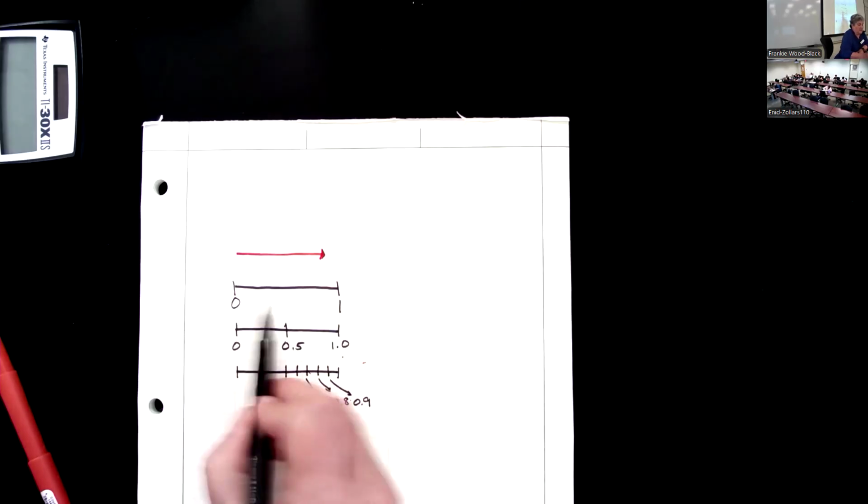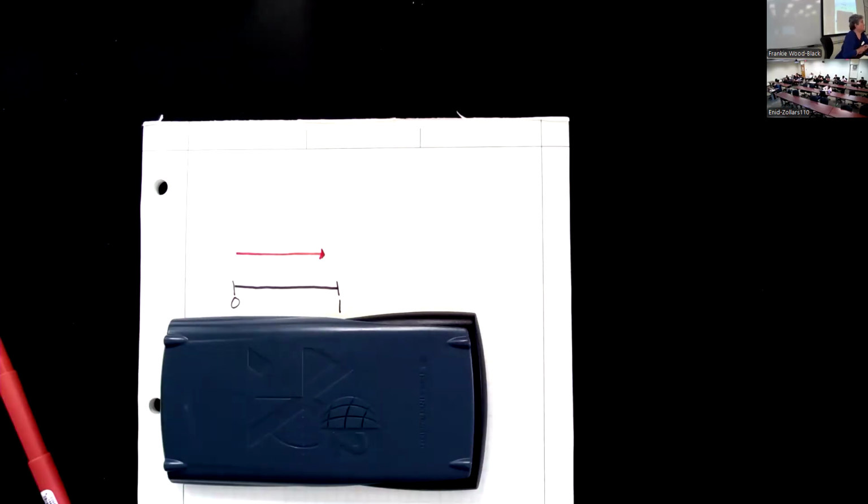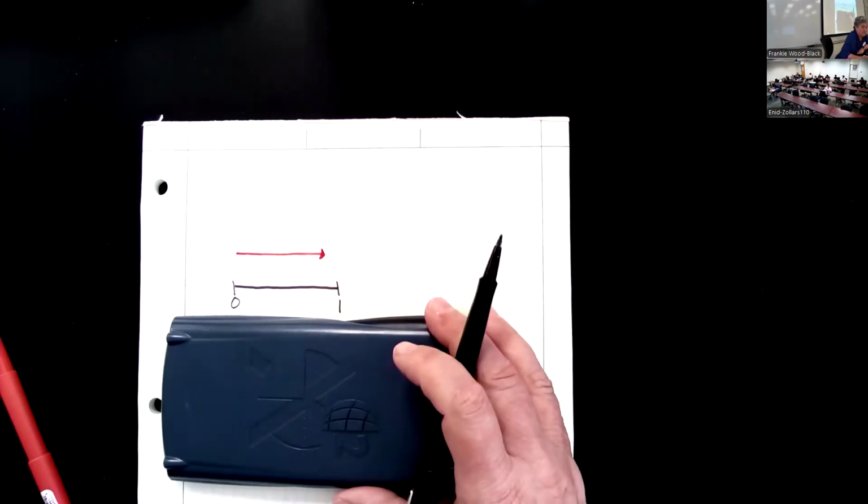If I'm using that scale, just that one, it's not one, right? I can estimate what that is.